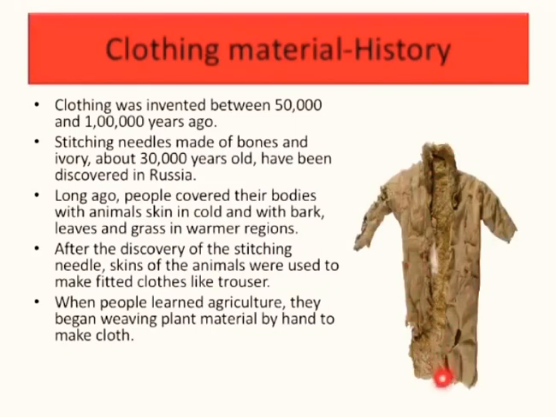Here I have given a picture as an example of fabric made from animal skin. After the discovery of stitching needles, skins of animals were used to make fitted clothes like trousers. When people learned agriculture, they began weaving plant materials by hand to make clothes.